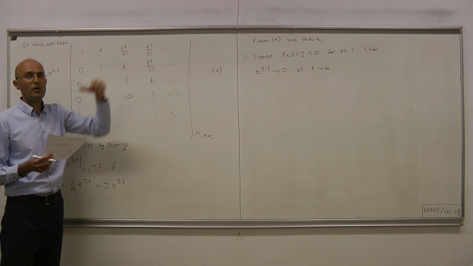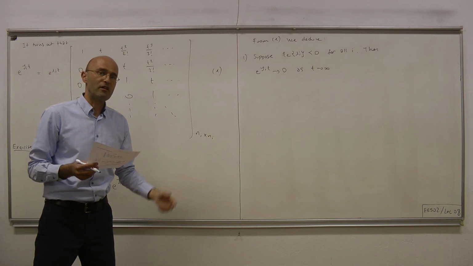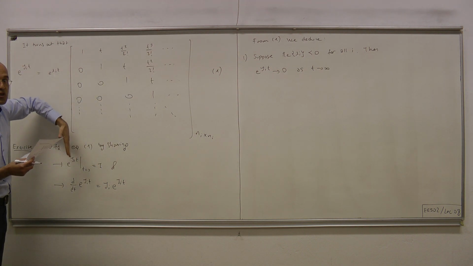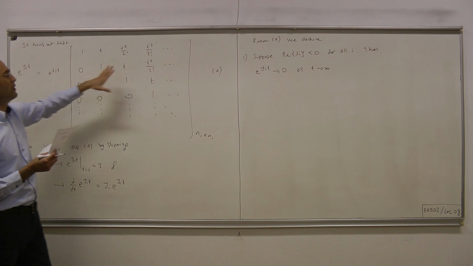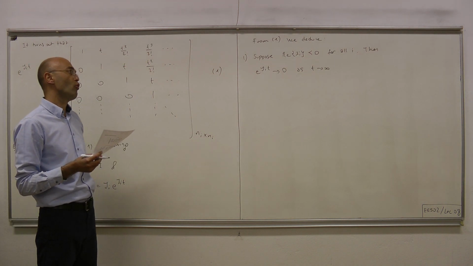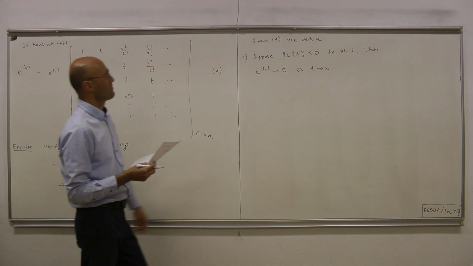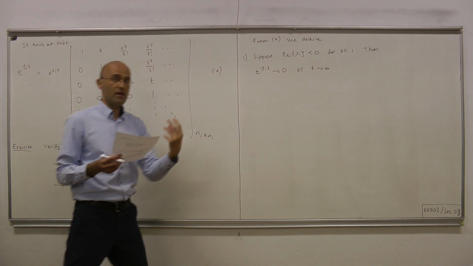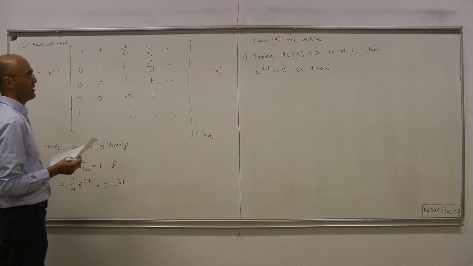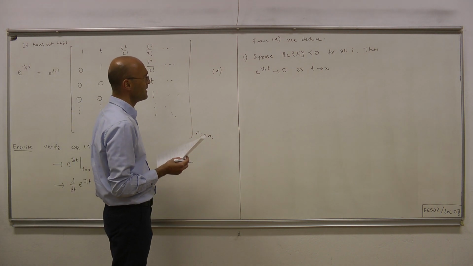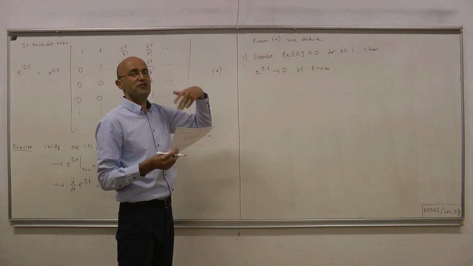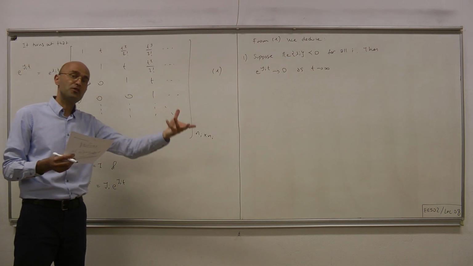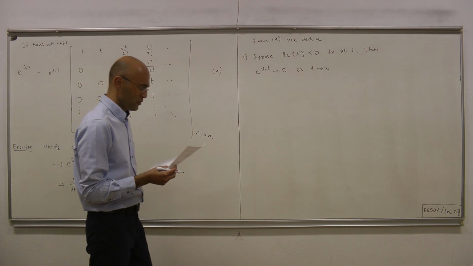So here we have polynomial increase, and here we have exponential decrease. Clearly, exponential decrease will dominate polynomial increase. Under this condition, therefore, all the blocks of the state transition matrix of the Jordan matrix will converge to 0. As a result, e to the Jt will converge to 0, and then as a result, e to the At will converge to 0.